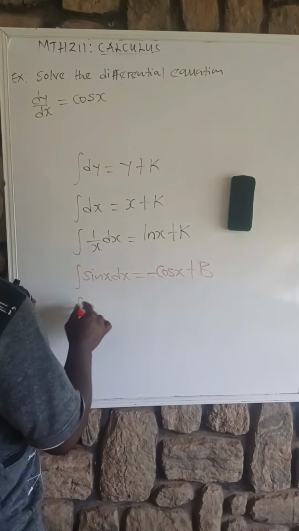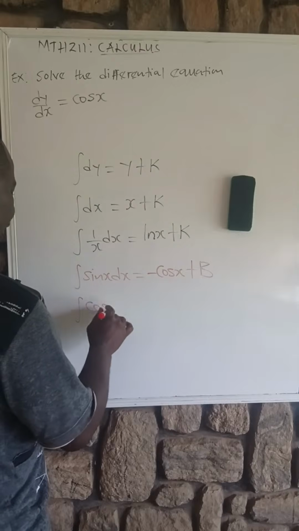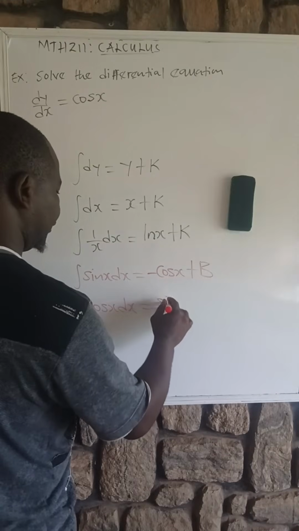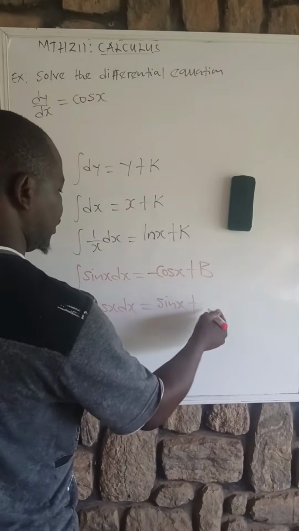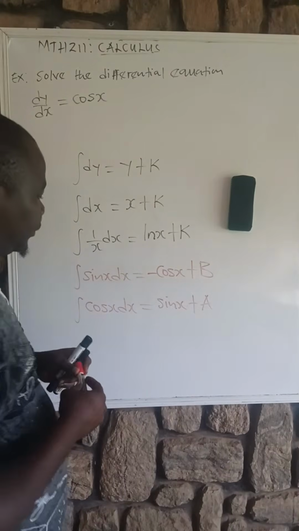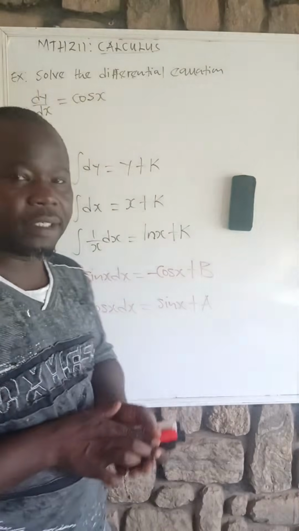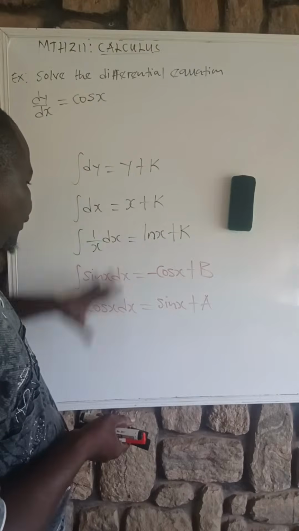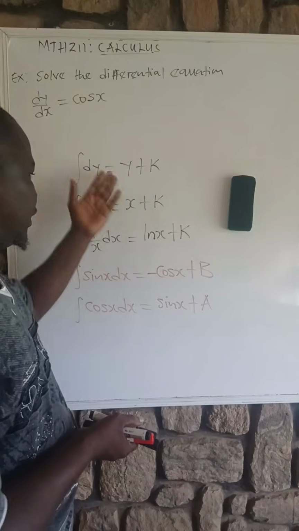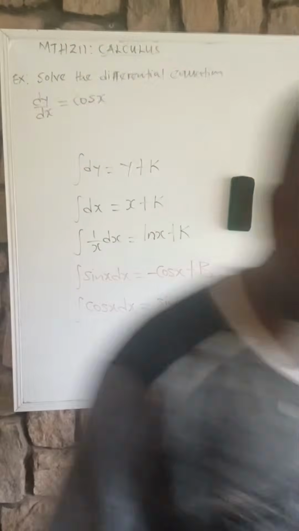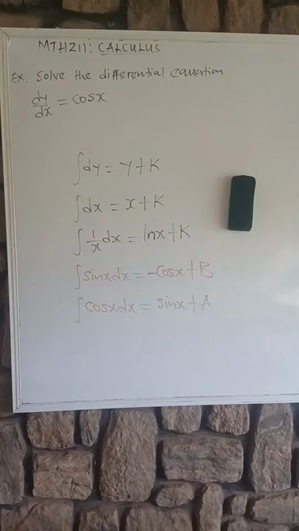Then if we integrate cos x dx, we are going to have sin x plus any constant, true or false. So I think with this, I'll be able to integrate any given function. Is that clear?